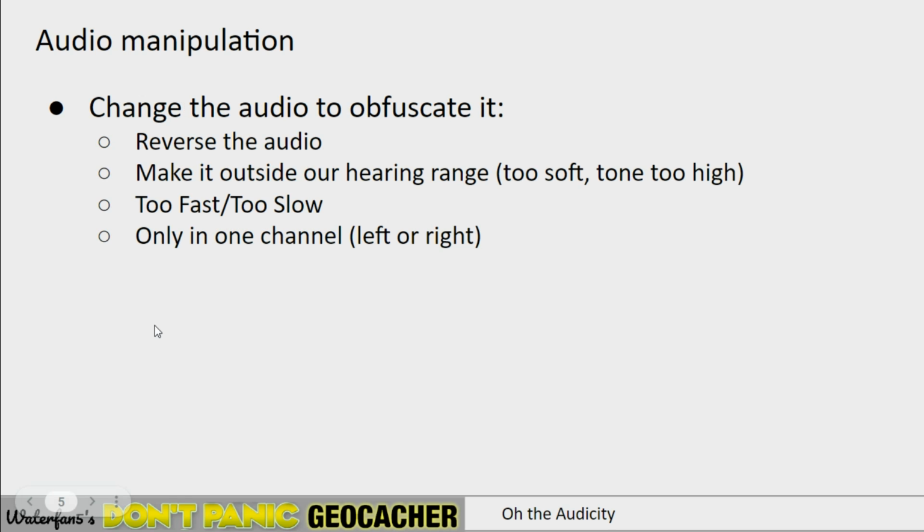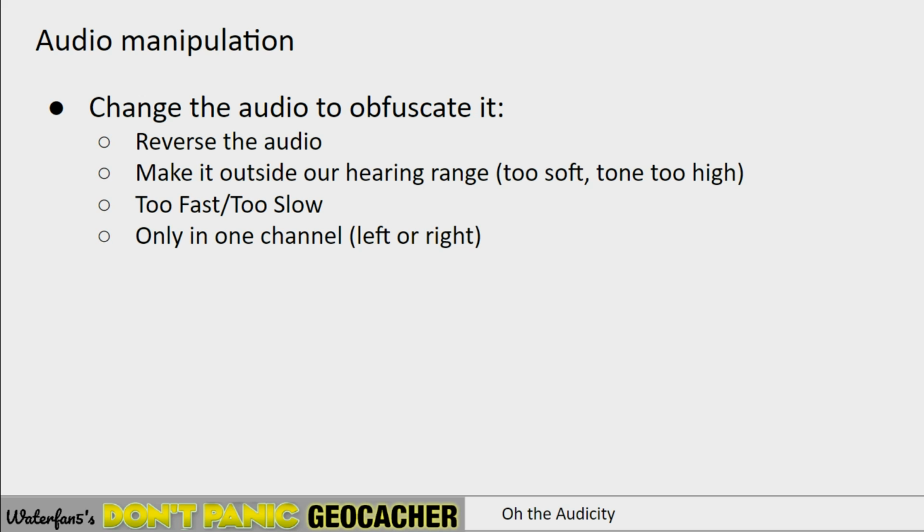So one of the things with audio manipulation is that it gives you a lot of ways to hide the coordinates. In old music albums, there was always the accusation of reversing audio, and some of them actually did. And a tool like Audacity can do that very easily, thereby obscuring the coordinates.